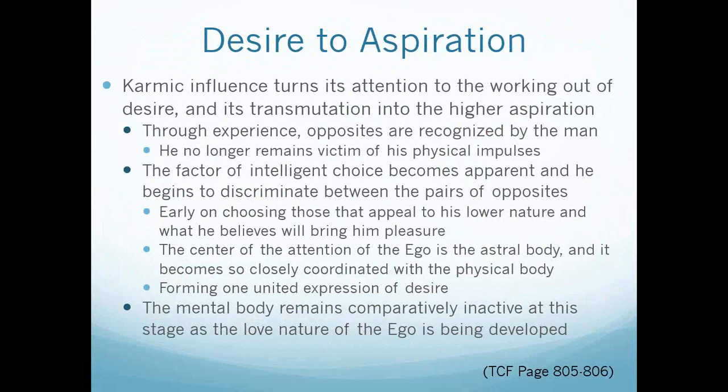During this process, the center of the attention of the ego is the astral body, and it becomes so closely coordinated with the physical body that they form one united expression of desire. The mental body still remains comparatively inactive at this stage, as the love nature of the ego is what is being developed here.